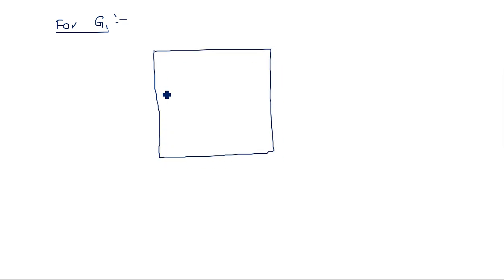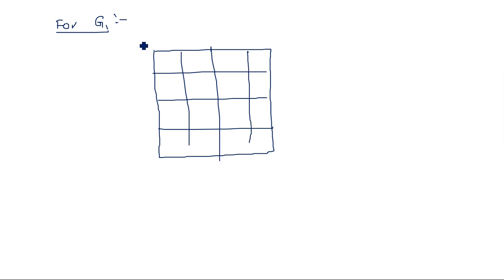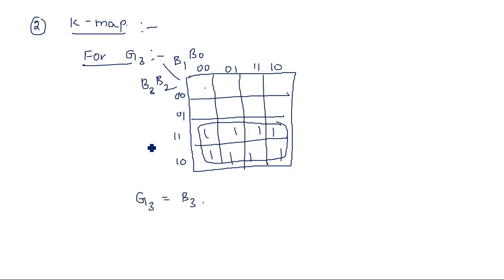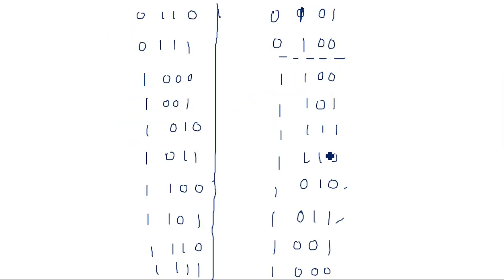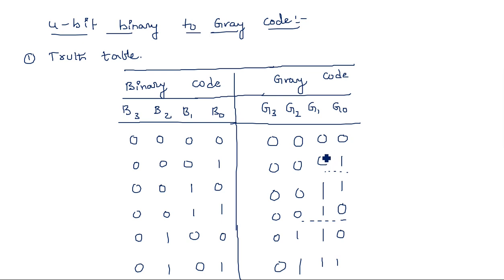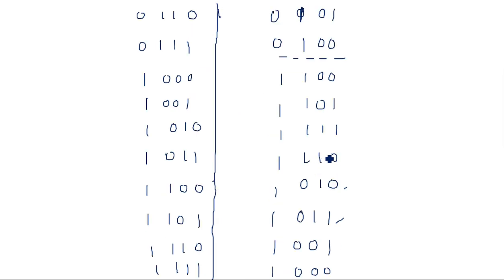For G1, consider again a 4 variable K map. B3, B2, B1, B0. So now here 0, 0, 1, 1, 1, 1, 0, 0, 2 zeros, 2 ones, 2 ones, 2 zeros.